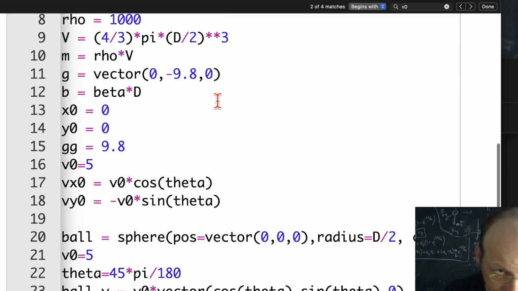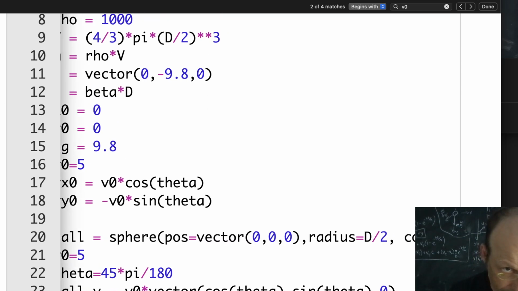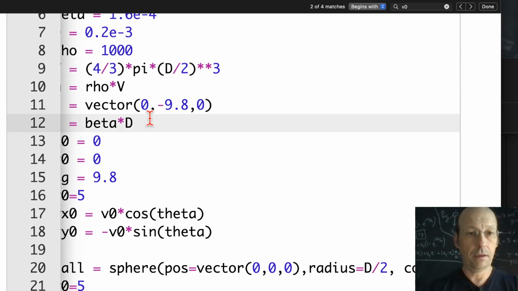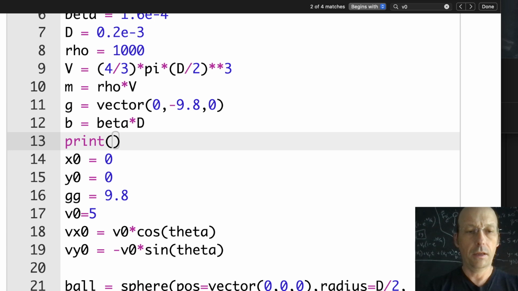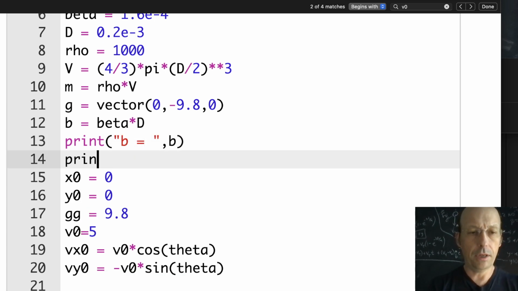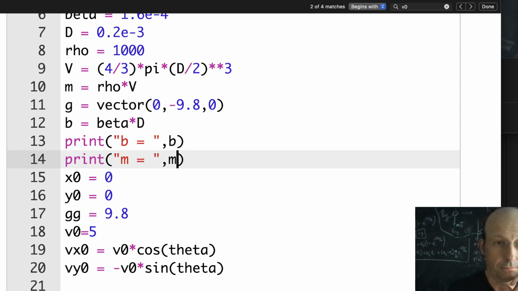B is beta times d. That's fine. Let's print b. Print b equals b. Print m equals m. I don't know.